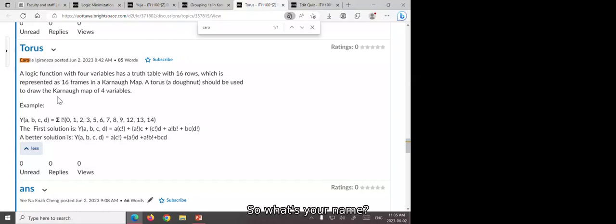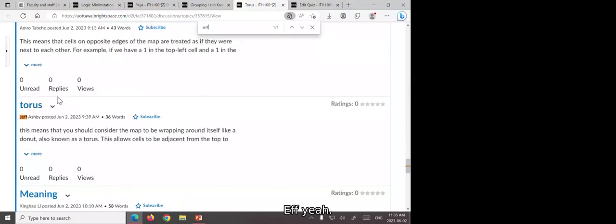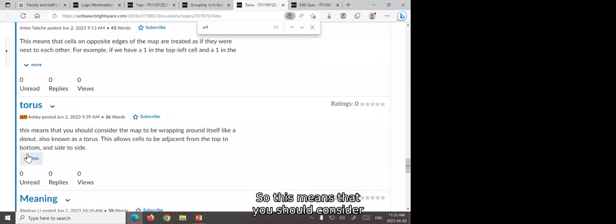Okay. So if the furthest right is... what's your name? Jeff. Okay, Jeff. Very good, Jeff. So this means that you should consider the map as wrapping around itself like a donut, also known as a torus. This allows cells to be adjacent.